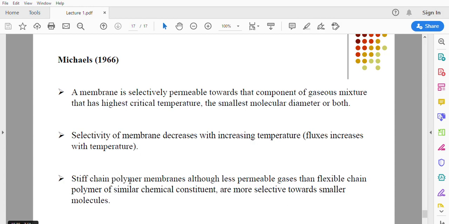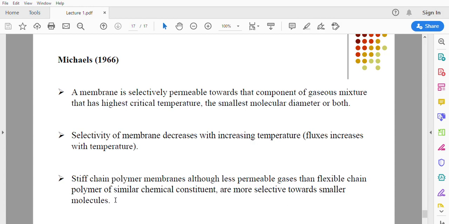The next point is that stiff chain polymer membranes, although less permeable to gases than flexible chain polymers of similar chemical constituent, are more selective towards the smaller molecules. Basically this tells us that if you have stiff membrane molecules, the polymer is near to or less than Tg, the glass transition temperature, and the polymer molecules will be stiff.